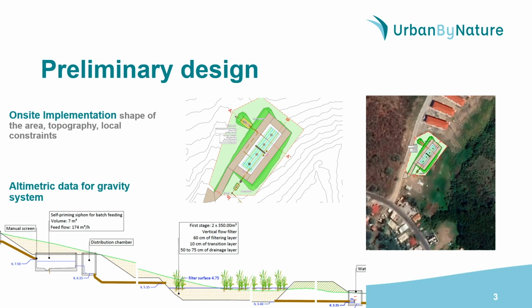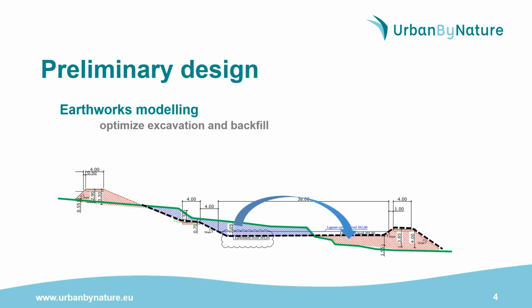These surveys will make it possible to evaluate earthworks requirements and resources to establish the 3D layout and drawings of the structures and basins, and also the altimeter setting in order to maximize gravity flow between the inlet and the outlet. Thanks to the topographical survey, the earthworks modeling is a necessary step in optimizing the balance between cuttings and backfill for the creation of the basins and their embankments, as you can see here on the picture.